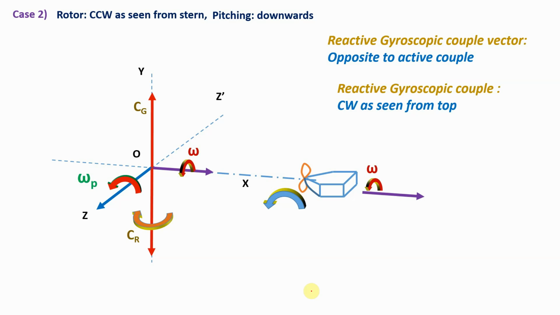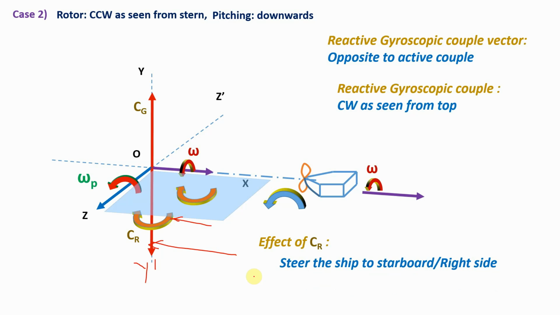Now let us identify the plane in which reactive torque acts. Reactive torque CR will act in a plane perpendicular to its vector. So this quantity CR will act in a plane perpendicular to vector OY dash, and that is the horizontal plane XOZ. So CR is acting in the horizontal plane XOZ.